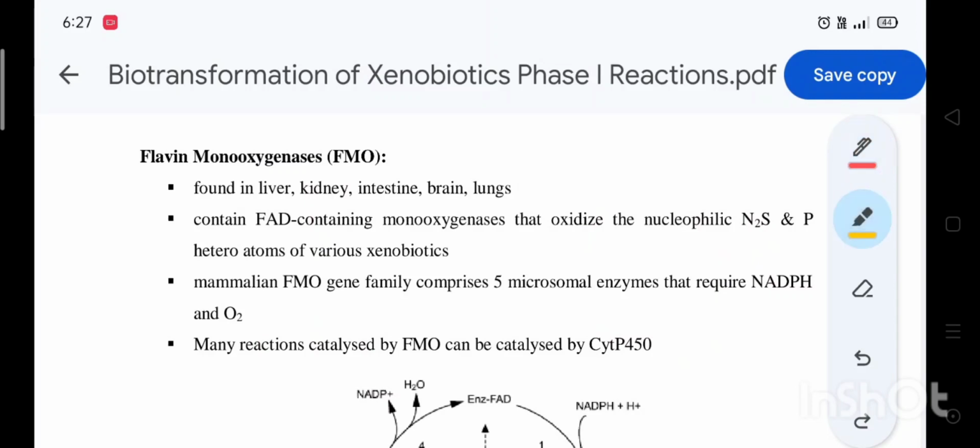Now flavin monooxygenases, which are found in liver, kidney, intestine, brain and lungs. They contain FAD, that is why they are also called FAD containing monooxygenases. They oxidize the nucleophilic N, S and P heteroatoms of various xenobiotics. The mammalian FMO gene family comprises mainly 5 microsomal enzymes that require NADPH and oxygen. Many reactions catalyzed by FMO can also be catalyzed by cytochrome P450.